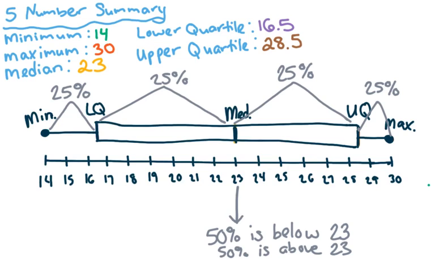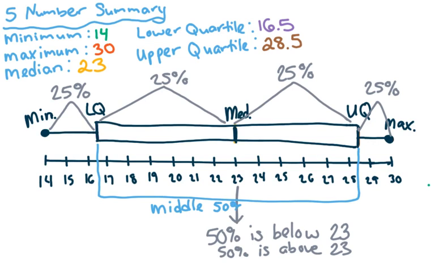We can also see that the middle 50%, or the IQR, which we call the interquartile range, is pretty large.